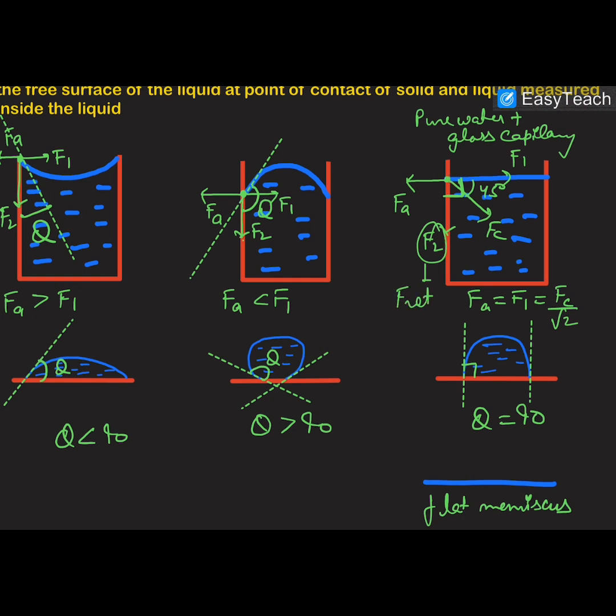We have already studied in fluids that a fluid cannot resist tangential forces, which means that if you apply some tangential force or tangential strain to the fluid surface, then it will begin to flow. It cannot resist that tangential force.